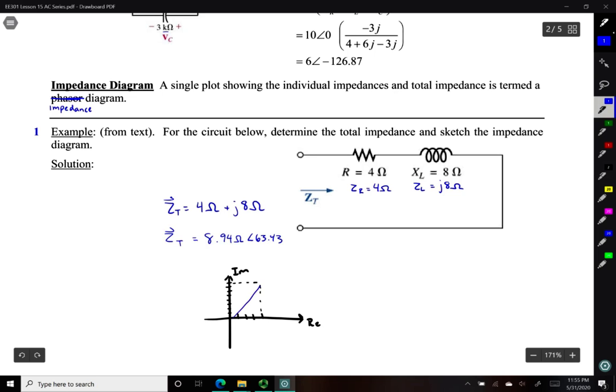So our impedance would be that, giving us a magnitude of 8.94, and our angle 63.43 degrees. And as you may notice, that is not to scale. And I will just make sure to label this as Z of T, this quantity Z of R, and this one as Z of L.